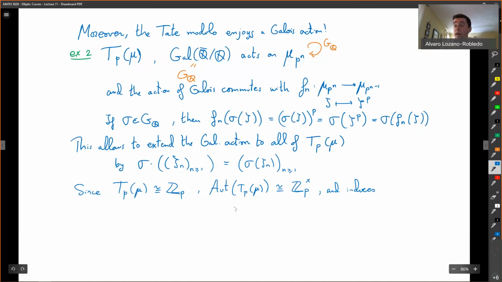And this induces what we call our very first example of a Galois representation.